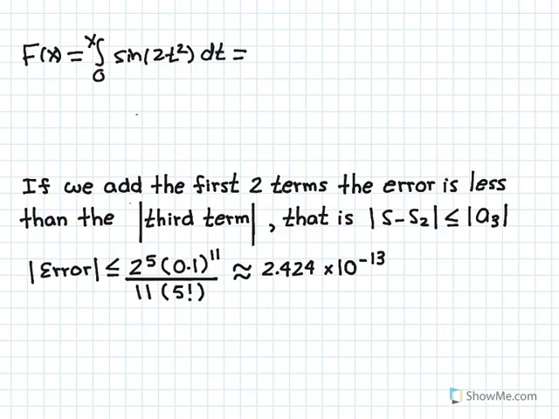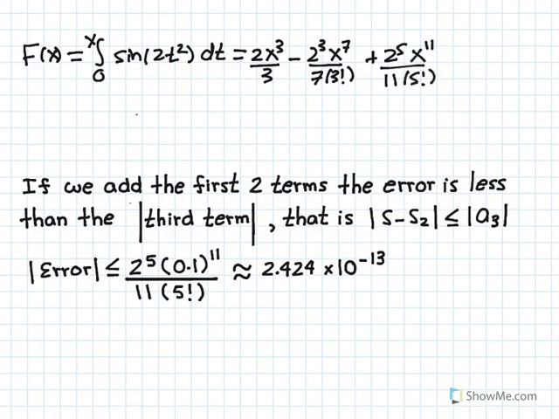We found the Maclaurin series representation of this integral, that's 2x cubed divided by 3 minus 2 cubed x to the power of 7 divided by 7 times 3 factorial, plus 2 to the power of 5 x to the power of 11 divided by 11 times 5 factorial, and so on.